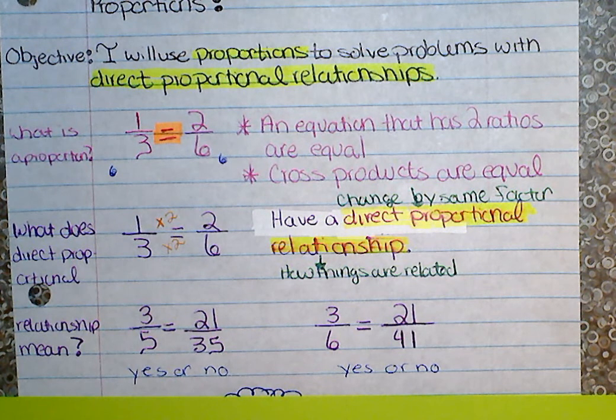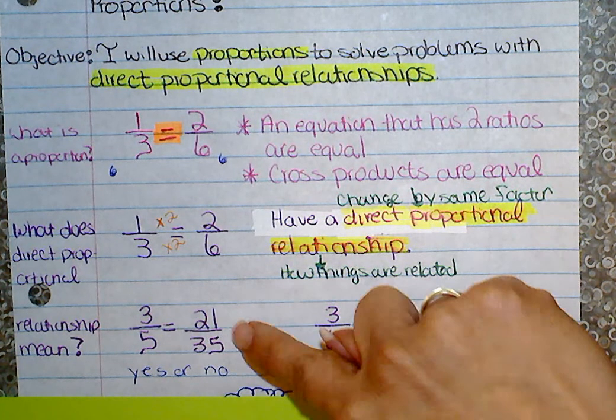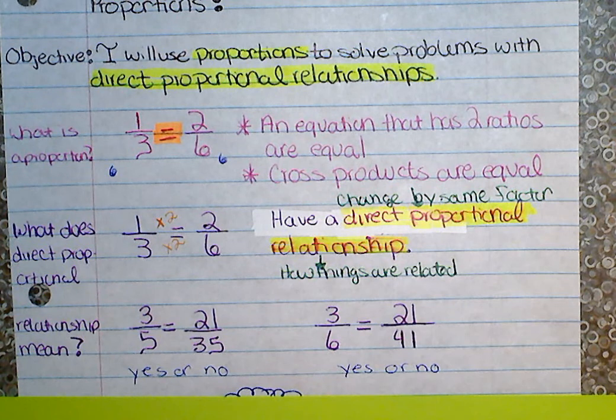Now what I want you to do is tell me if these have a direct proportional relationship. And again, all I'm asking is, are they equal? Yes or no? There are several ways you can do it.